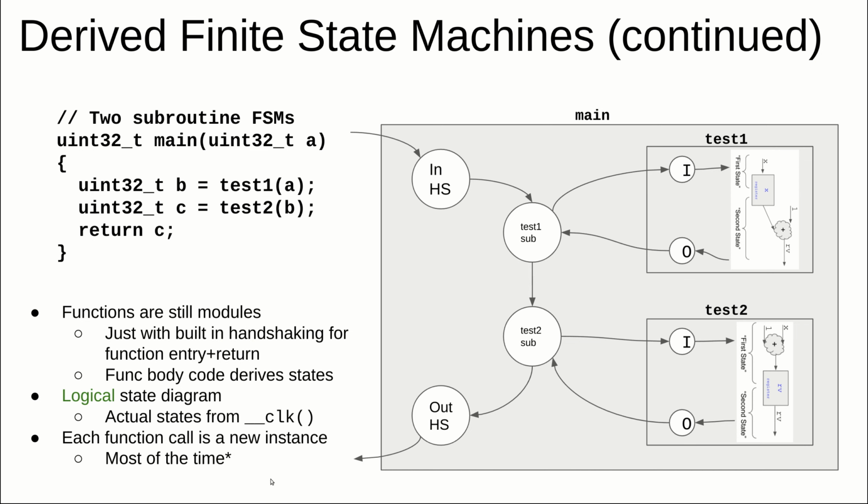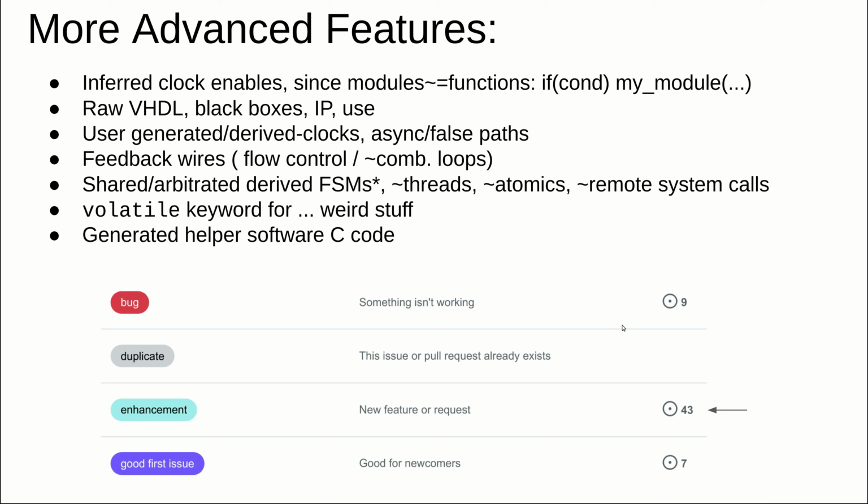We'll talk about that on this slide here for just a second, which is some advanced features that I don't really have time to dive in on, but I'll just touch on quickly here for you. So inferred clock enables. So I've been saying functions are modules. So what does it mean if you have if some condition, then your function module call?